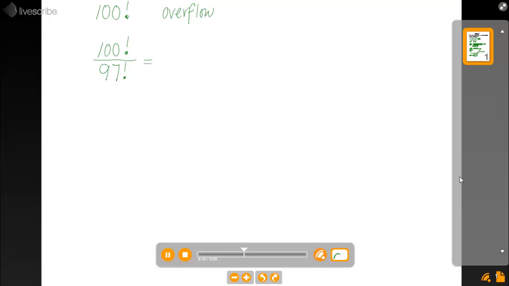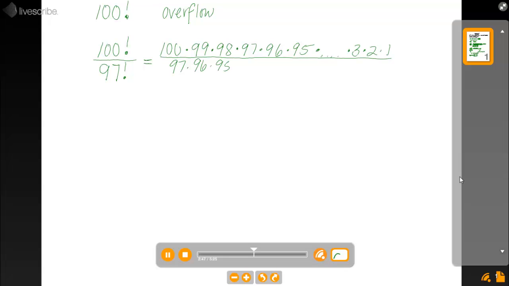But let's write out what this actually means and see if we can use the definition of factorial to simplify things before calculating them. 100 factorial is 100 times 99 times 98 times 97 times 96 times 95. Don't worry, I'm not going to write all of them out. I'm going to do dot dot dot times 3 times 2 times 1. I got a little lazy. Divided by 97 factorial: 97 times 96 times 95 times 94, dot dot dot times 3 times 2 times 1.